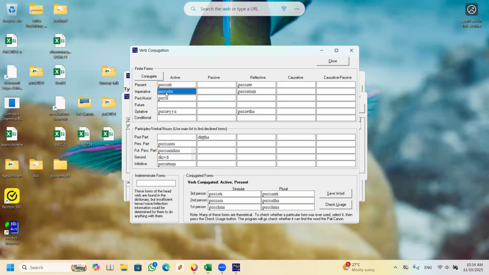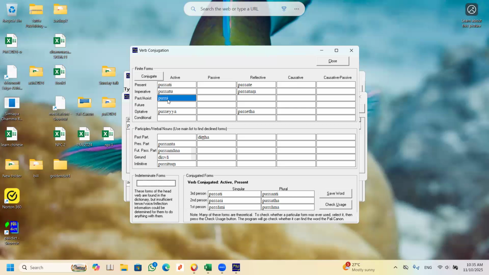Let me try again. I think there are bugs here. When I click here, it's supposed to give me the third person here. It gave me a present tense. I want past. I want this one. It's supposed to come out, but why does it never come out? Maybe I try here and see. It should not be that way.